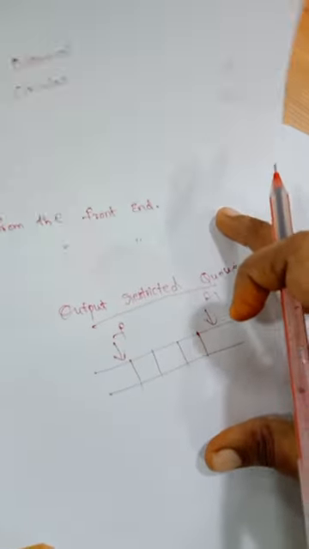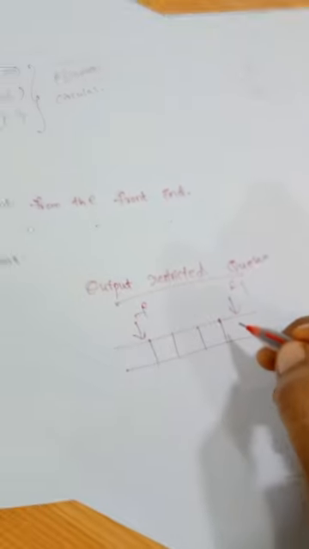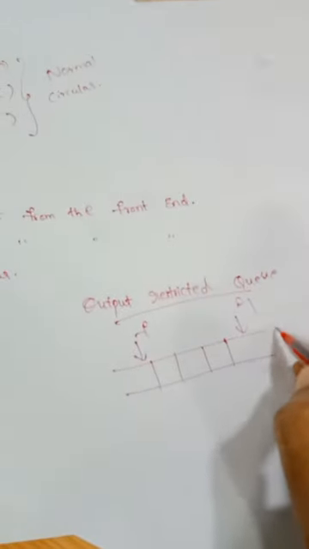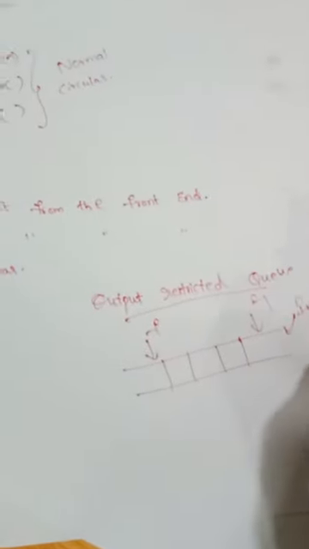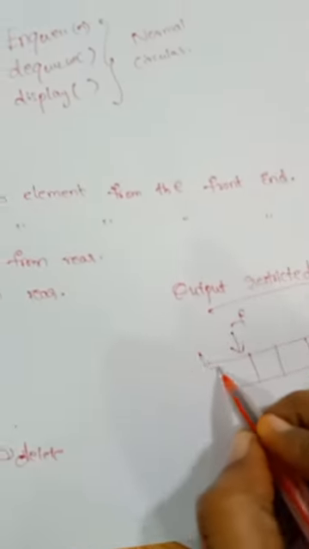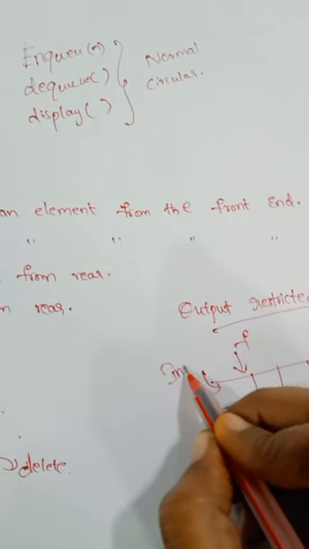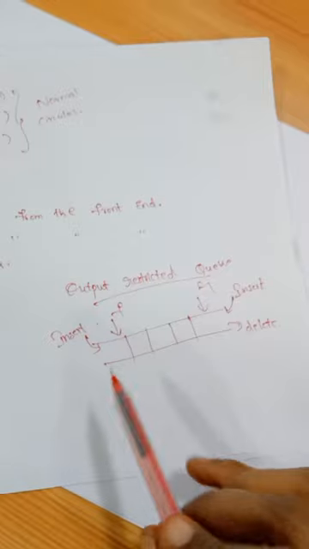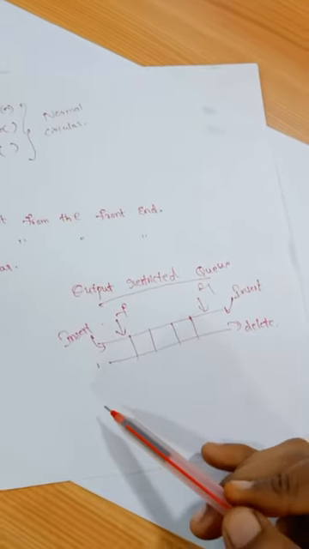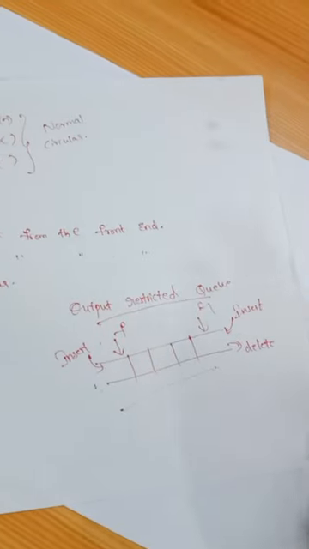But we are going to restrict one delete operation. Now I am going to restrict the delete operation from the front end. That's why this is called an output restricted queue.